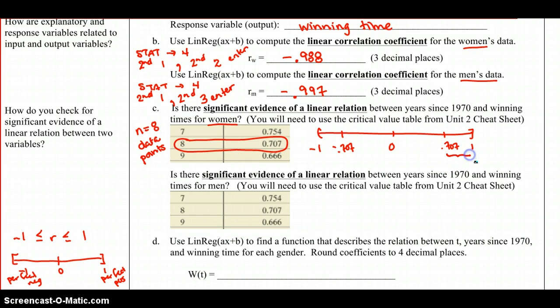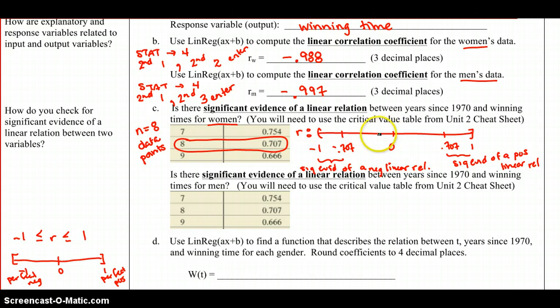So in here this is going to be significant evidence of a positive linear relation. And if R is in here somewhere, just remember this is an R axis, this is going to be significant evidence of a negative linear relation.